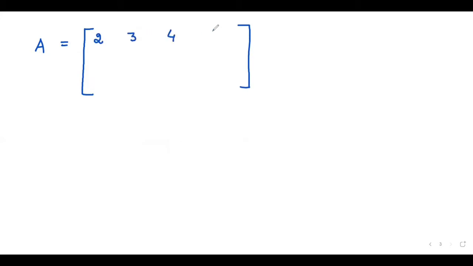A13 was 4. And then A14 was 5. Then next 3, 4, 5, 6. And then A31 was 4. Then A32, 5. Then A33, 6. And A34 was 7. So this is our resultant matrix.